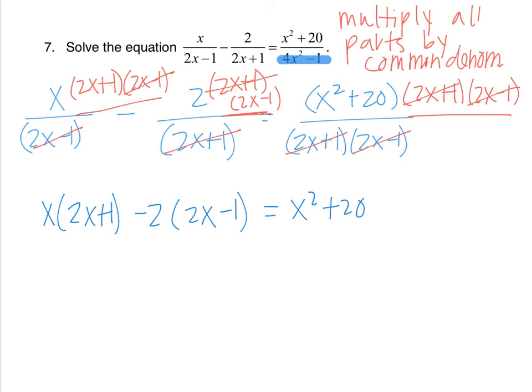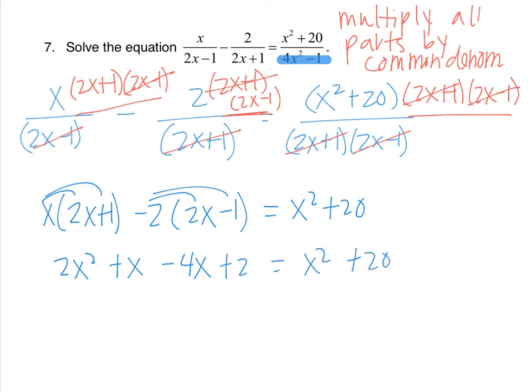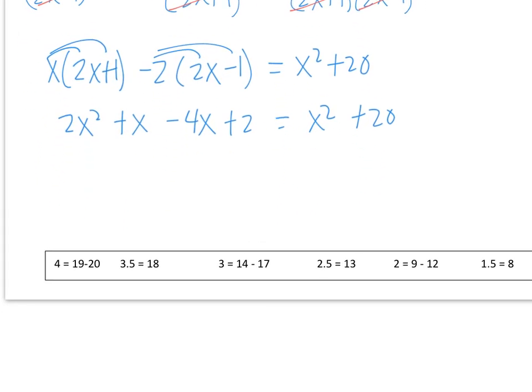All right, so now I'm going to distribute and combine like terms. So 2x squared plus x minus 4x plus 2 equals x squared plus 20. I want to get all my like terms to the same side. So minus x squared, minus 20.